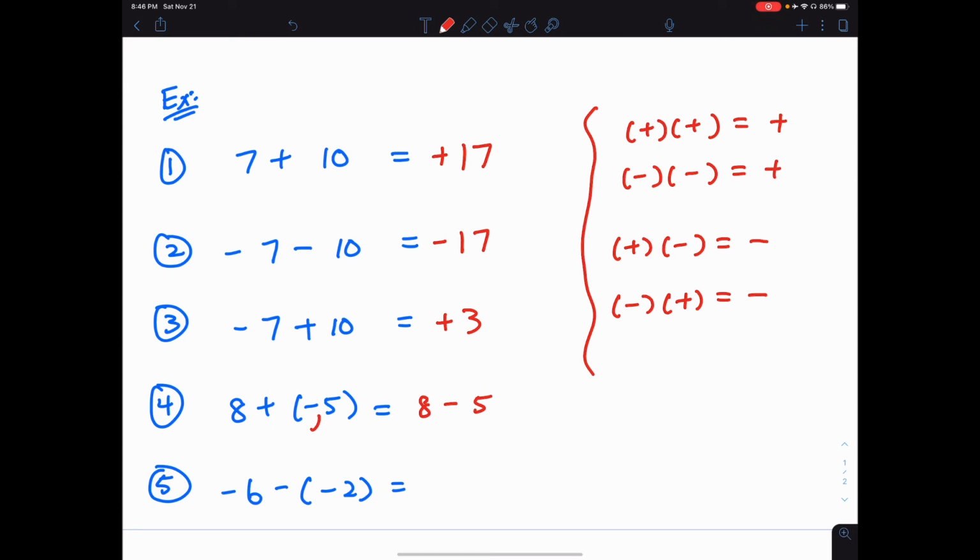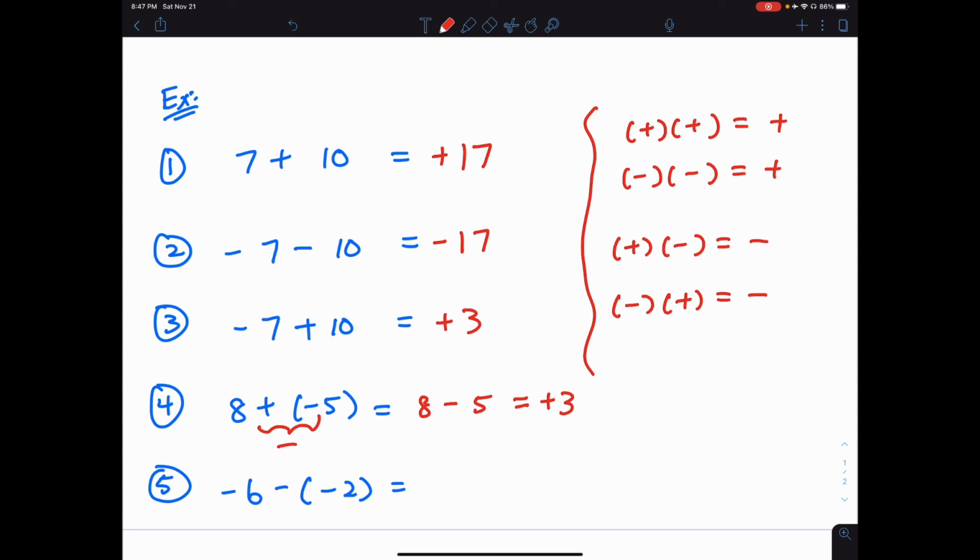Because these two signs together is the same as just a negative sign. 8 minus 5, that's positive 8 minus 5. They're different signs, so we take the difference, which would be 3. And again, because 8 was bigger and it was positive, we end up with positive 3.